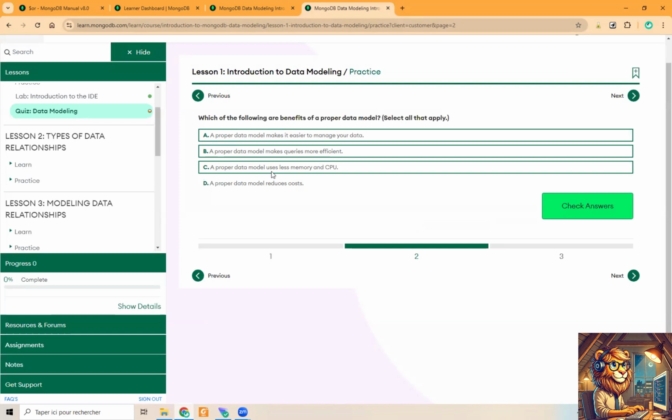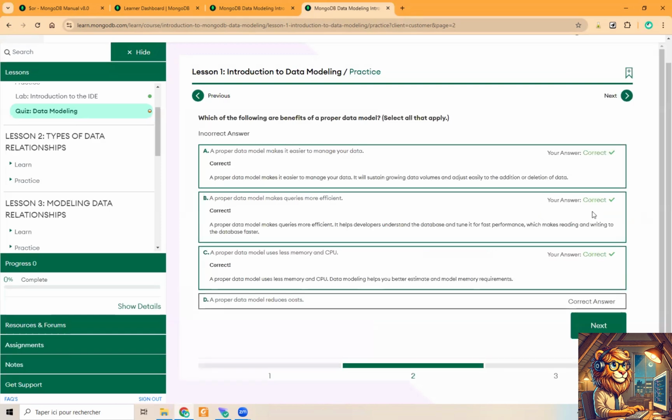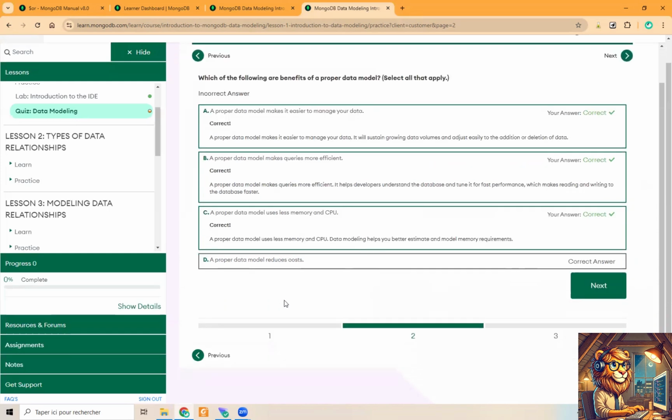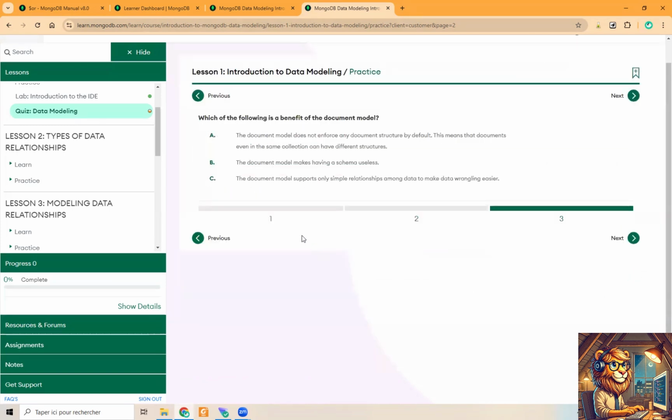I guess it would, because it would be more effective. A proper data model reduces costs. They haven't said anything about that. I'm not sure. Oh, this one was correct as well. Okay. Yeah, I guess it would reduce costs if you use less memory and less CPU, less computing time. So that would make sense.